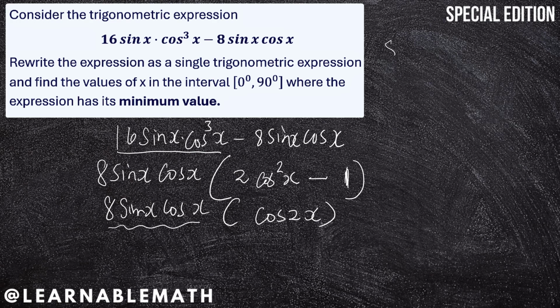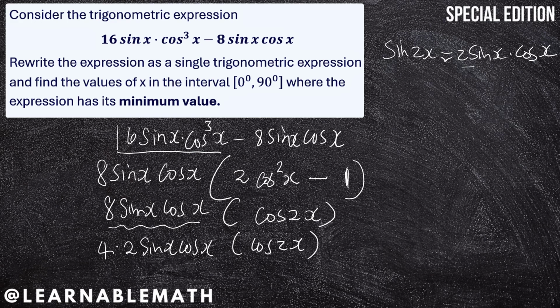Remember, sine 2x is the same as 2 sine x cos x. So if I rewrite it like that, I'll have 4 outside, because 4 times 2 is 8, then sine x cos x, so that you can clearly see what I'm talking about.